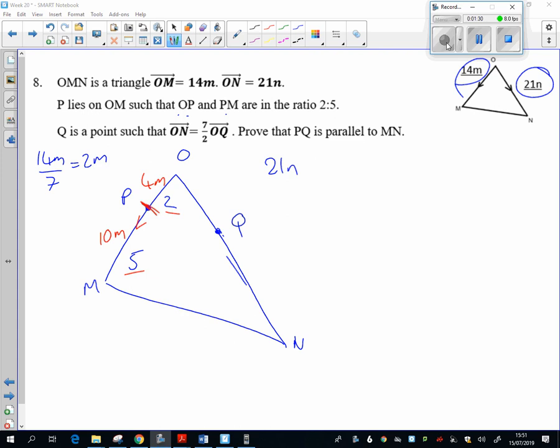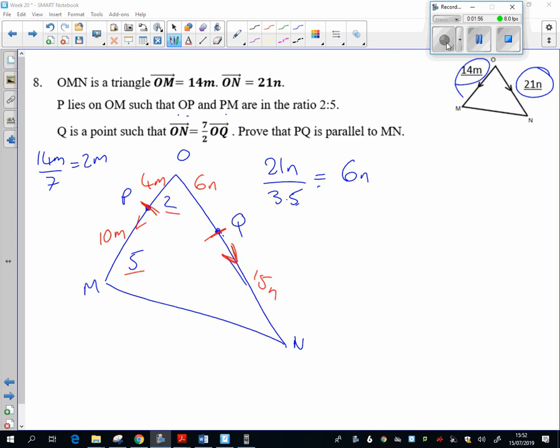So if I do 21N divided by 3.5, that gives me 6N. That tells me that OQ is 6N. And then I don't know that I need QN, but if this whole vector here is 21N, 21 take away 6 would be 15N.